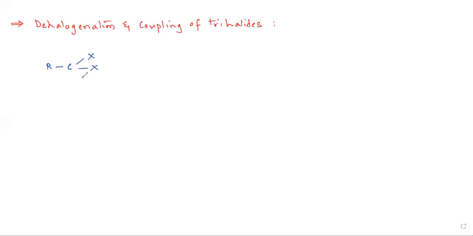See, this is a trihalogen derivative. On distillation using silver powder, taking it this way for convenience.